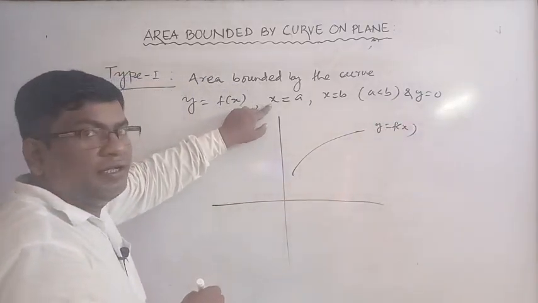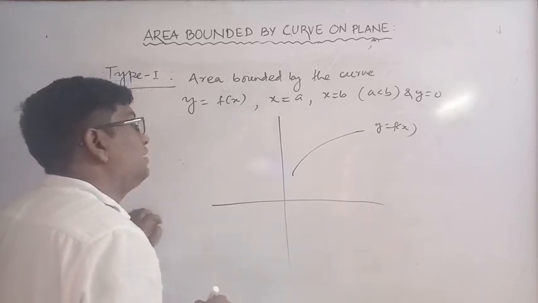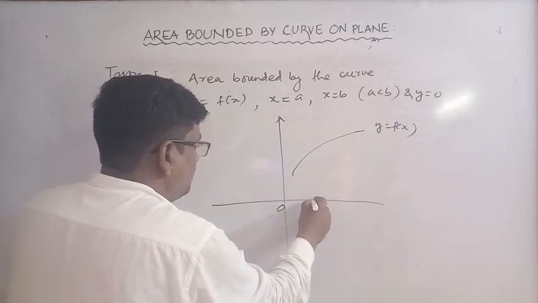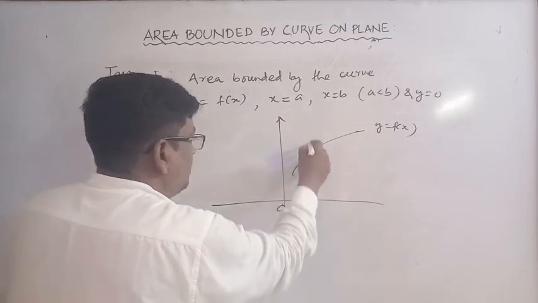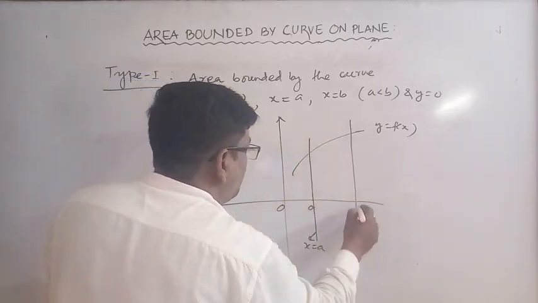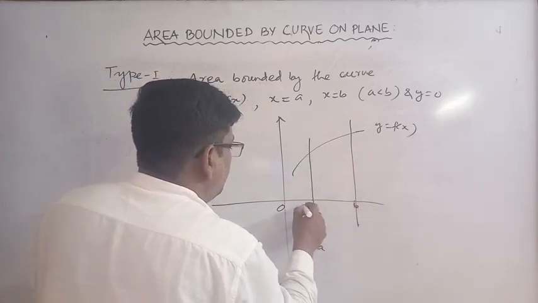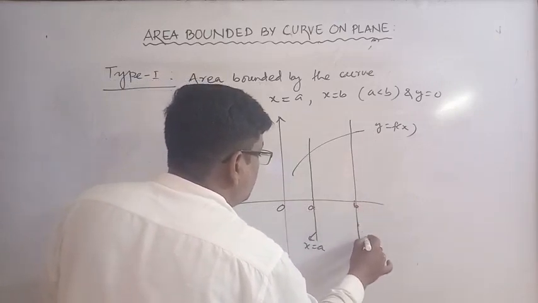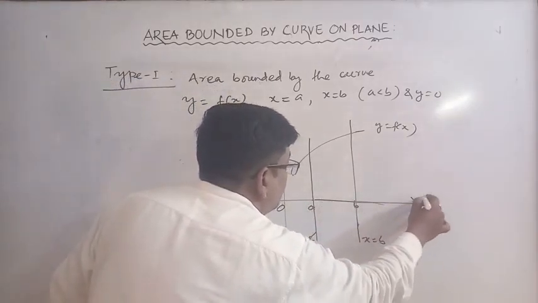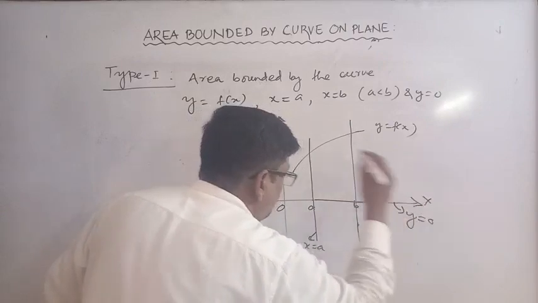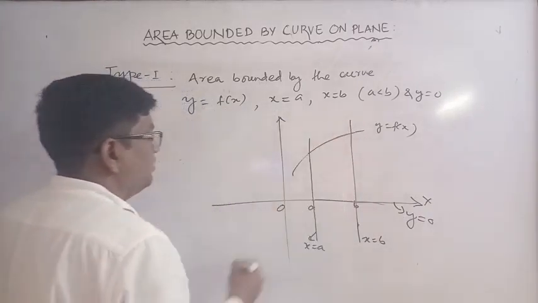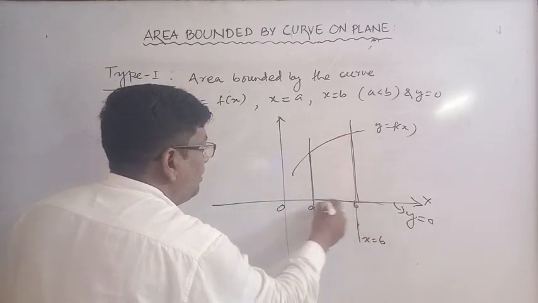What is x is equal to a? X is equal to a means the line parallel to y axis. This is the y axis. Suppose this is the origin and this is a. This is x is equal to a. And suppose this is point b, the line x is equal to b, and y equal to 0 means x-axis. The area bounded by the curve, this line, this line and y equal to 0.